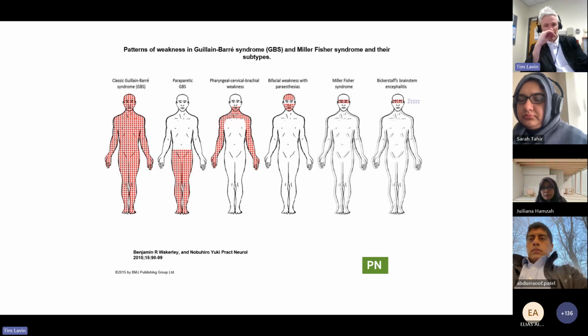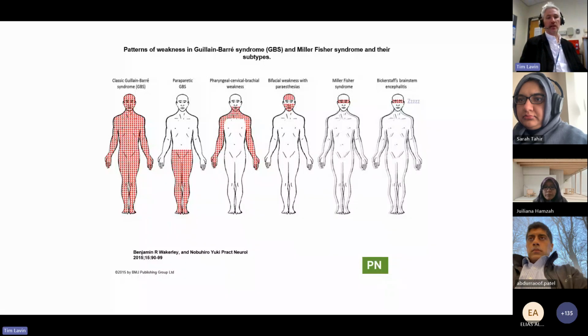Miller-Fisher syndrome is a triad of ataxia, ophthalmoplegia, and areflexia. Actually, it's very much ocular motor structures and some brainstem involvement, but you can get some overlap with neuropathy too. But the eyes are quite striking. They're unsteady. They're often not that weak. Once you see Miller-Fisher syndrome, you don't tend to forget it.